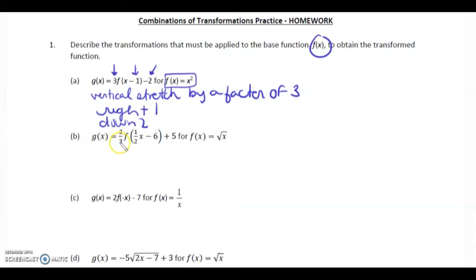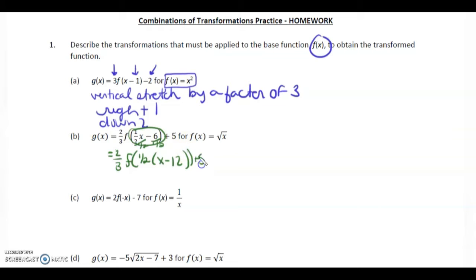Now, B is a little bit different because we have 2 over 3, and then we have our f, but in here we actually have to factor out the 1/2. So if we common factored out a half, we have x minus 12. It's like, how many halves are in 6? Well, there's 12 halves.